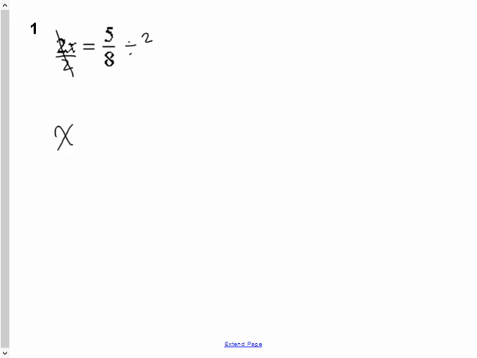And further to that, we're actually going to write 2 as being 2 over 1, because when we divide by fractions, especially whole numbers, we want to change the multiplication by the reciprocal. So this is going to become 5/8 multiplied by the reciprocal of 2, or the flip of 2, which is 1/2. And that's going to be 5/16. And therefore, x is equal to 5/16.